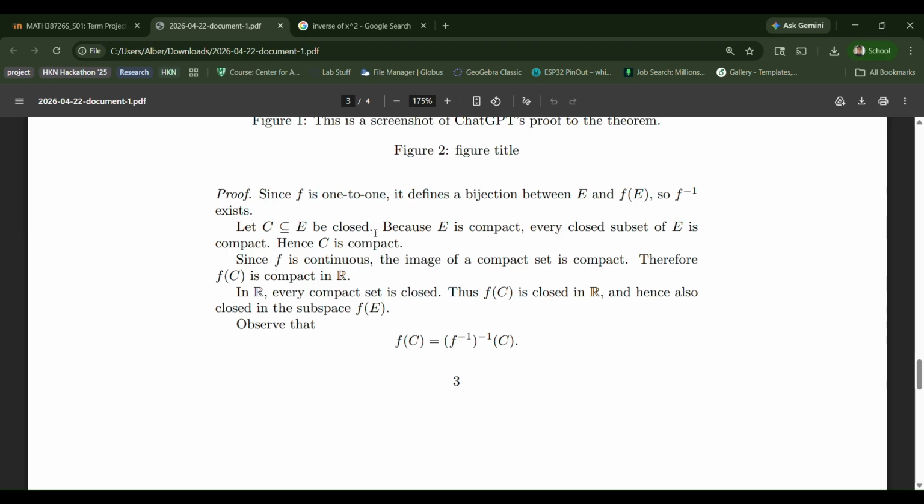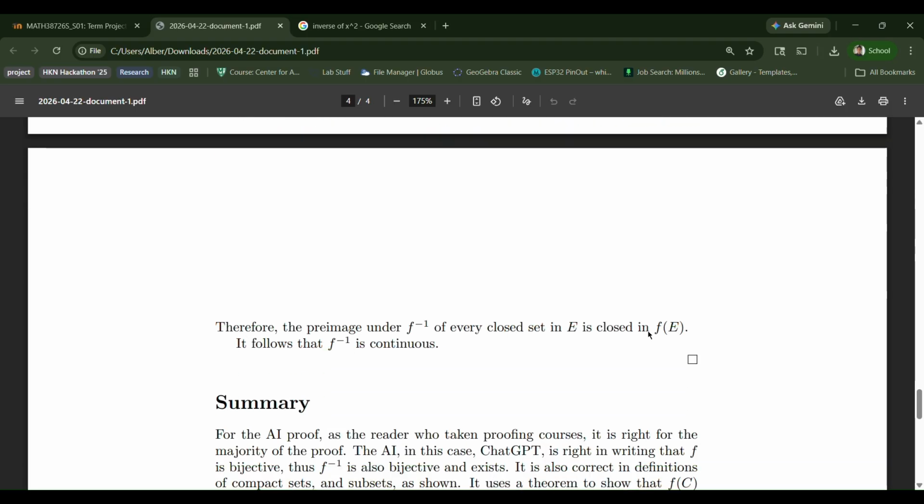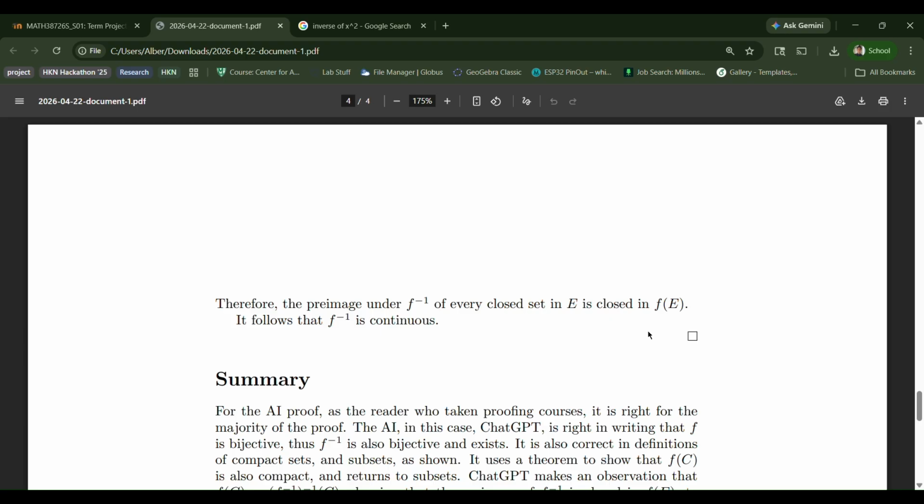So here's the proof. F is 1-to-1, and this defines E and F of E, and F inverse exists, and I guess you guys can kind of read this. Feel free to pause the video to read this. Let's go down. This should be the result of that, right?